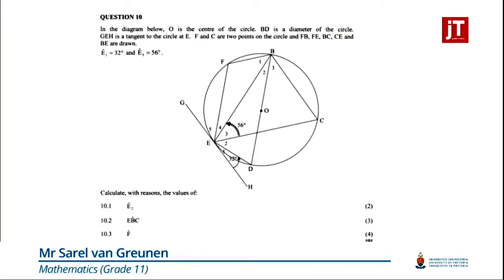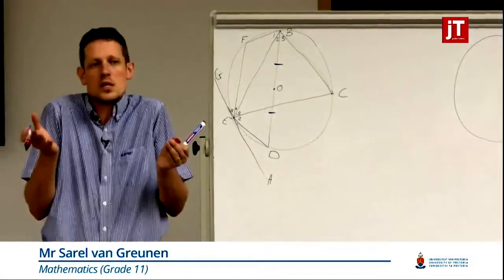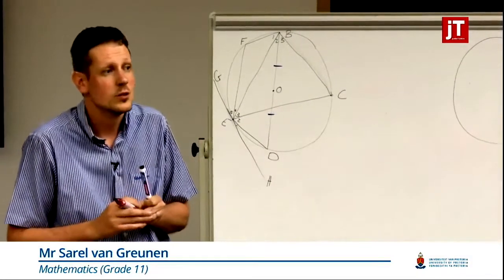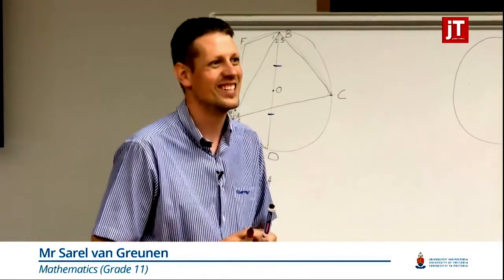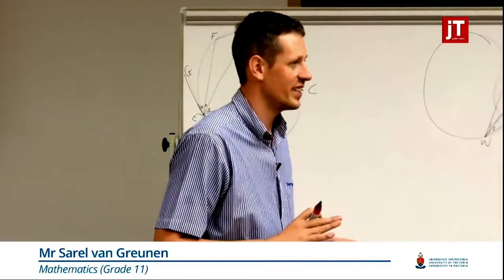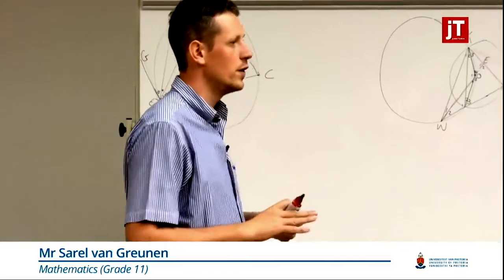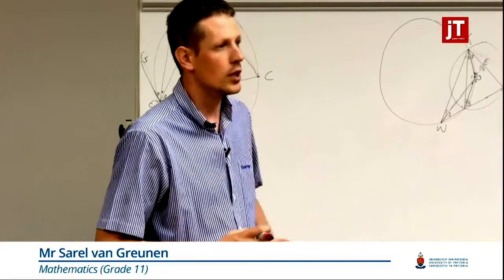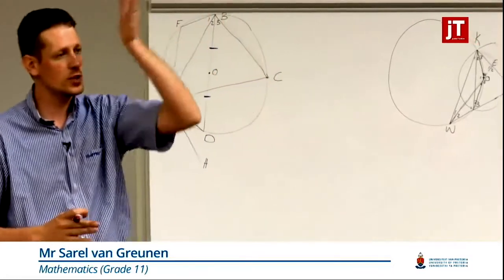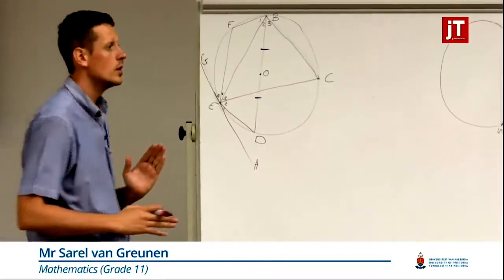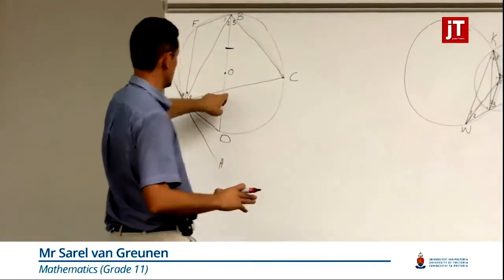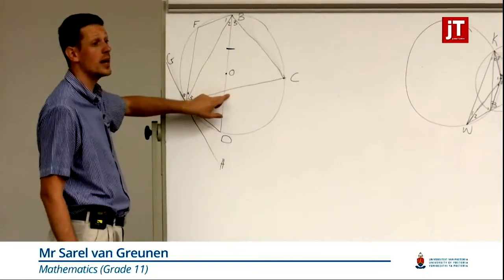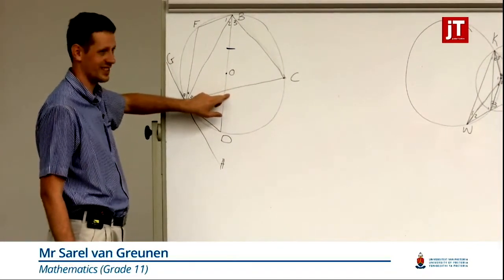Do those radii mean anything? No, it doesn't. But I still looked at it. Okay, now let's go further. Theorem 1. Do I have a line from the center of the circle to a chord? I have, but I don't know anything about the chord, so I'm not going to do anything.